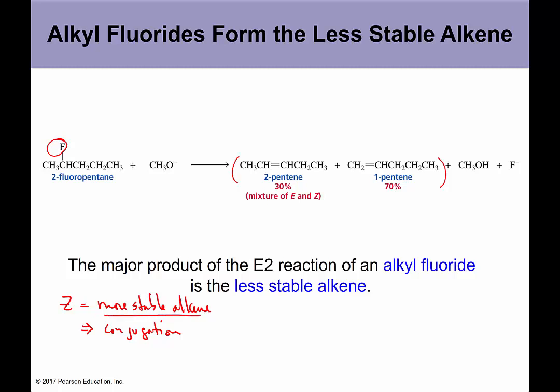You don't always get the most substituted alkene, but you always try to get the more stable alkene. And if conjugation is involved, that's one of the factors that gives you Zaitsev eliminations. But the other ways you can do it is you can have a bulky base or a bad leaving group.